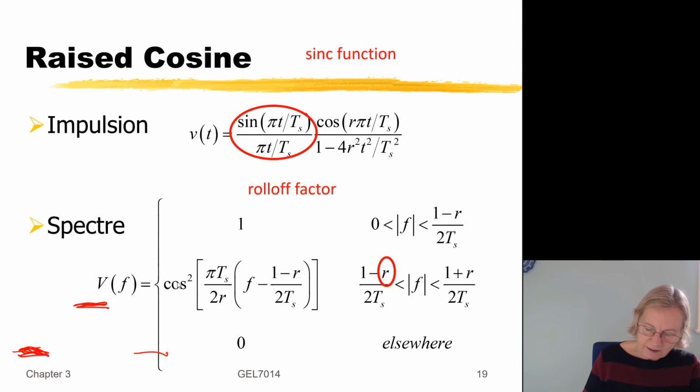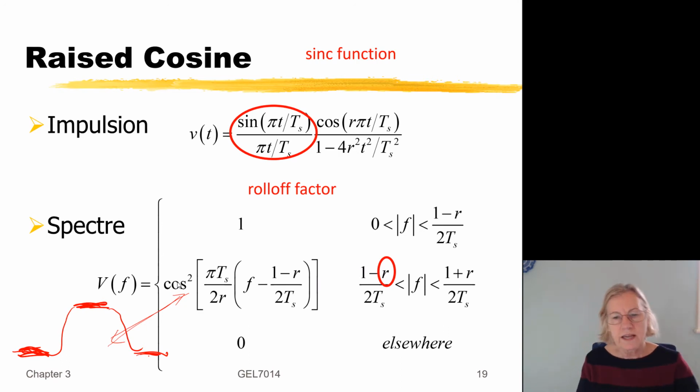And then in between these values, it sort of rolls off. And this roll-off section is given here. So here's the part that's 1, here's the part that's 0, and in between this raised cosine gives the shape of the spectrum. And R is the parameter that determines exactly how much it rolls off. And you can see that how much bandwidth is occupied is determined by this factor R.